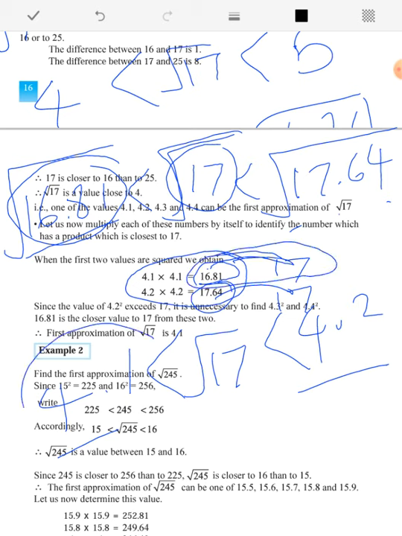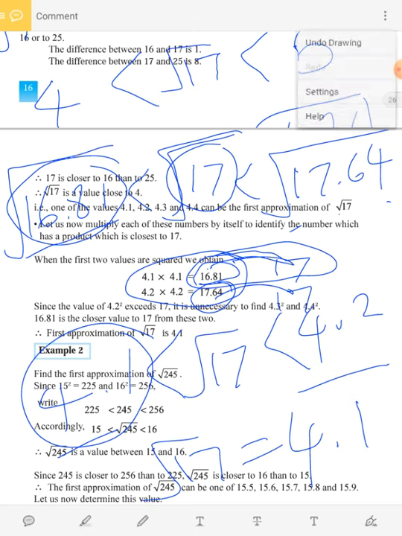So your answer is 4.1, because 16.81 is very close to 17. So the first approximation is 4.1. I hope this one is clear to you all.